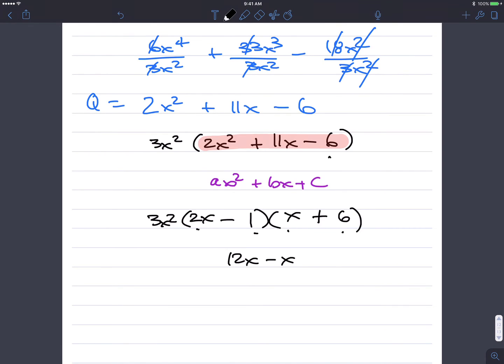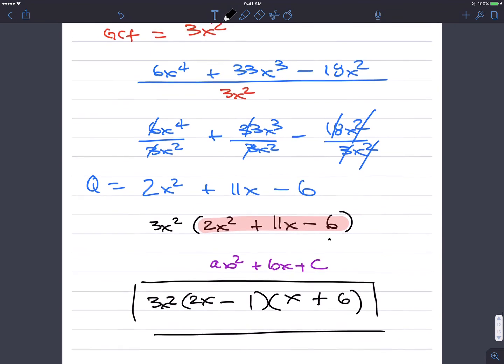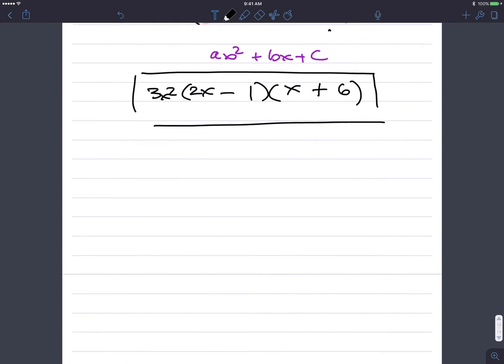Is that positive 11x? Sure is. Or use the what? Recipe. Moral of the story? We are what? We're done. Factored completely. Okay? That's 27.